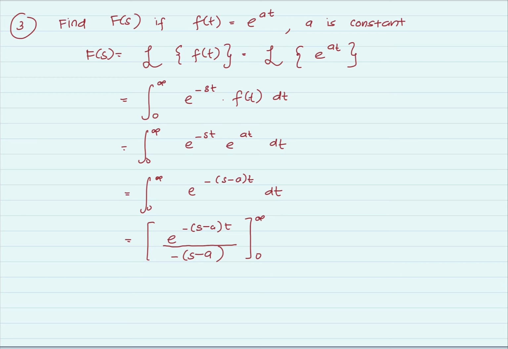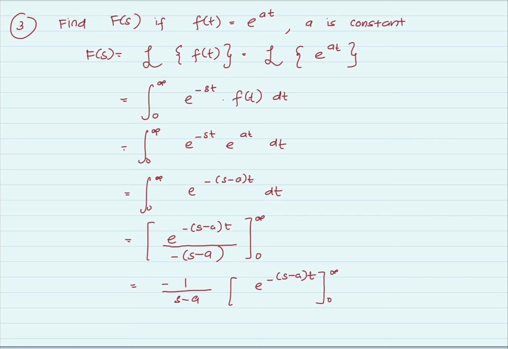What we do here is just substitute the infinity and 0. So we can take out this constant, so it's easier, and we have e^(-(s-a)t) from 0 to infinity.